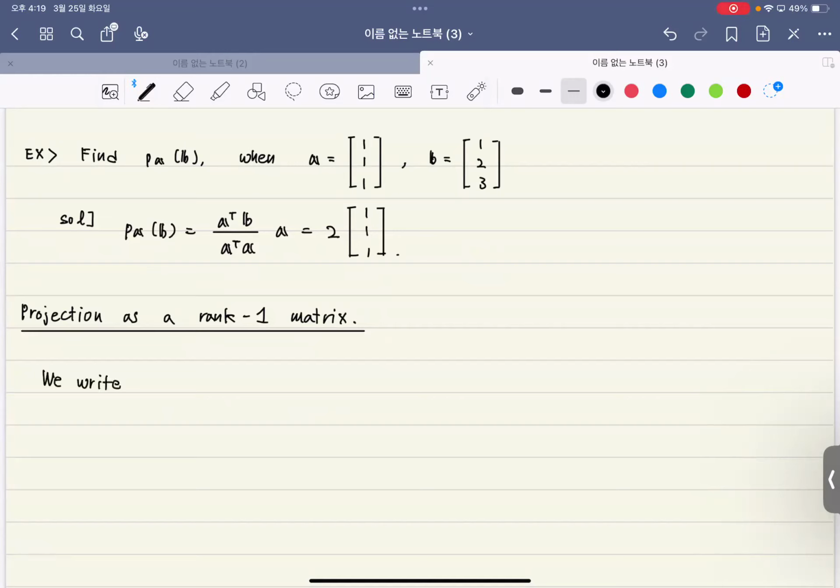We write A transpose B over A transpose A, and everything times A. So I'll just replace A transpose A by A squared, giving 1 over A squared times A transpose B times A. This is the original expression, but I can change the order.